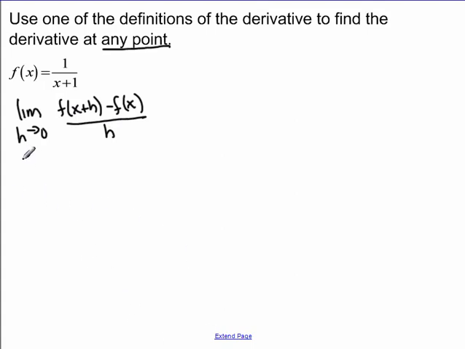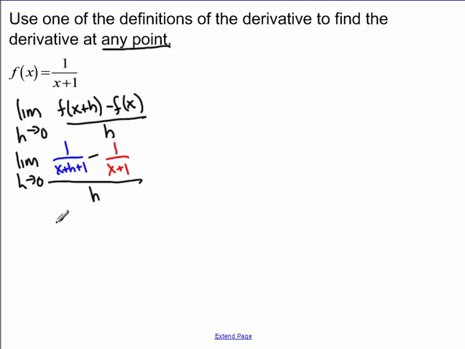Now, okay, so we have the limit as h goes to 0 of f of x plus h. So I plug in x plus h wherever I see an x, minus f of x, which is just your regular old function, all over h.